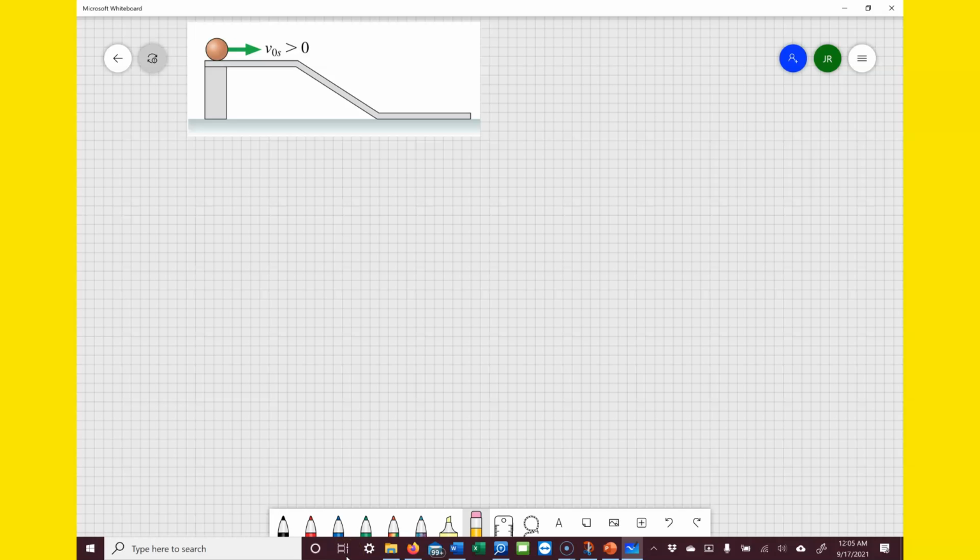Alright, I'm going to try to do this in both the horizontal and vertical dimensions. If I'm doing the horizontal dimension, x is its horizontal position, and I'm going to let its initial horizontal position be 0. It is pushed with some positive velocity greater than 0, so its horizontal position is changing. If this is the horizontal origin, it's moving away from that in the positive direction.